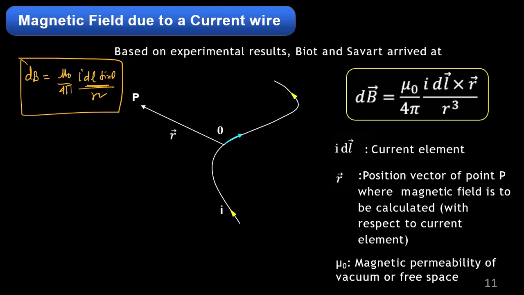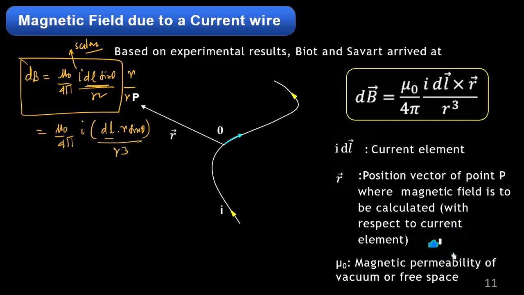A cross B is AB sine theta, so I dl sine theta is similar to the cross product formulation. But I is a scalar quantity. So now if I multiply the numerator and the denominator by r, then I can write it as mu naught by 4 pi, I into dl into r into sine theta divided by r cube.